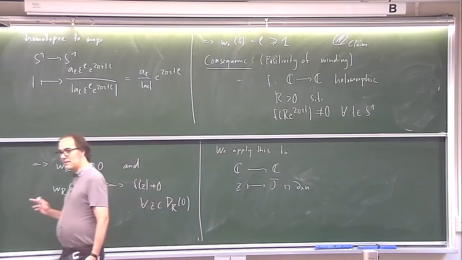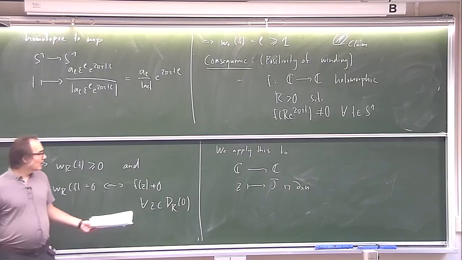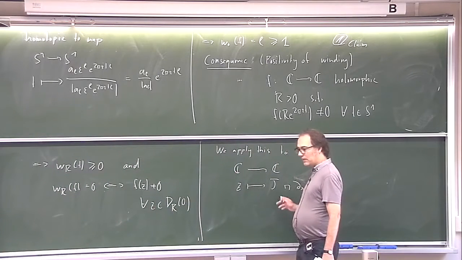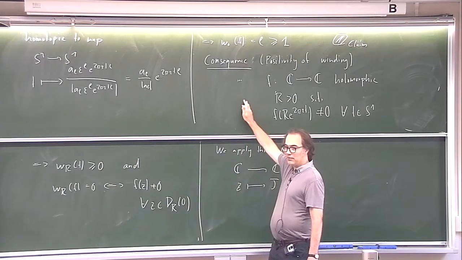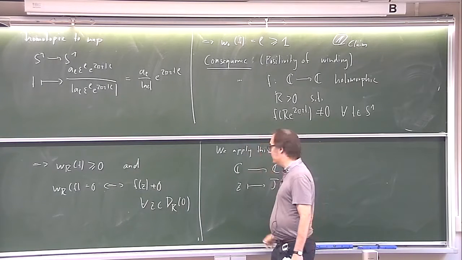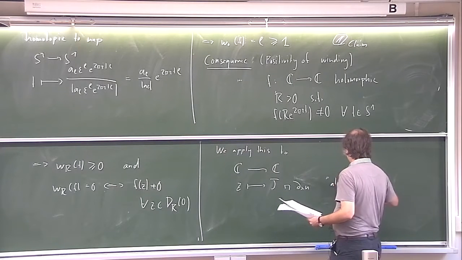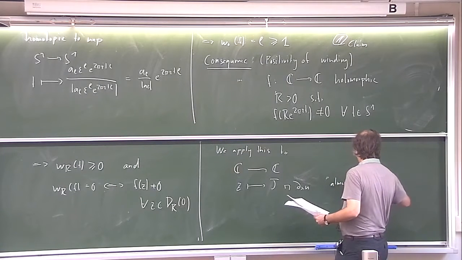Using the Carleman similarity principle, you can show that for a map like this, which is basically holomorphic, you also have this positivity of winding.